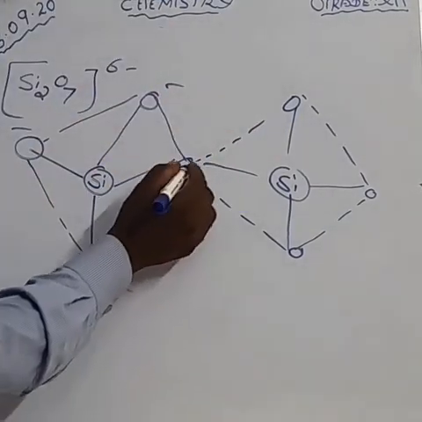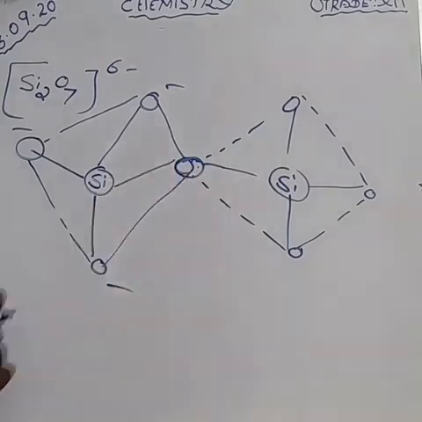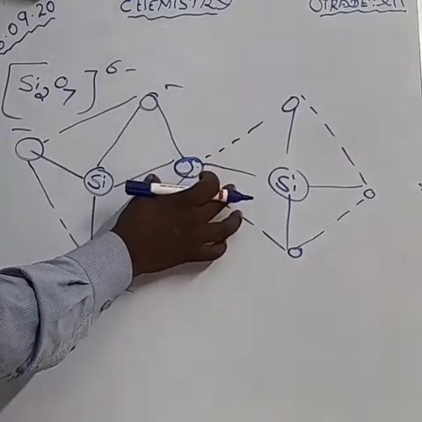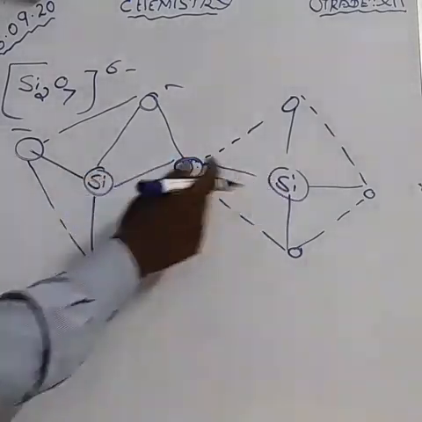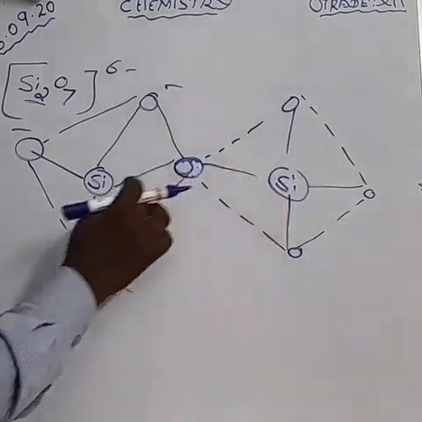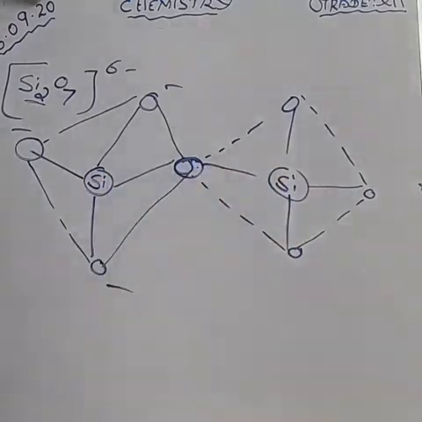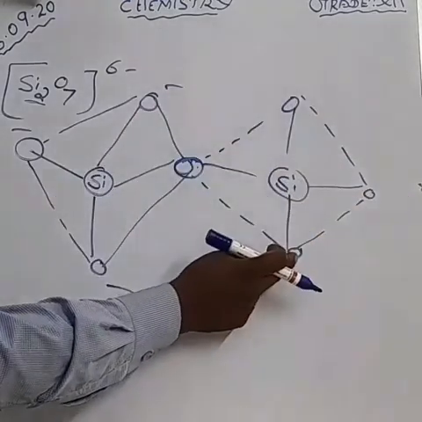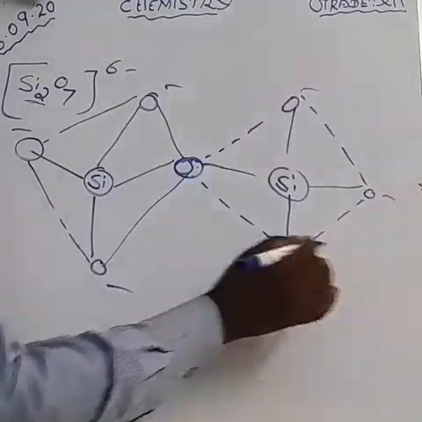In these two units, one of the oxygens occupies the center and connects the two units. How many silicon atoms? Two silicon atoms. Oxygen 1, 2, 3, 4, 5, 6, 7. Each oxygen has a negative charge.